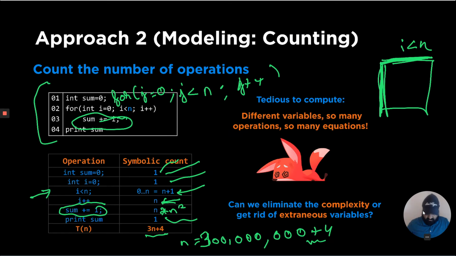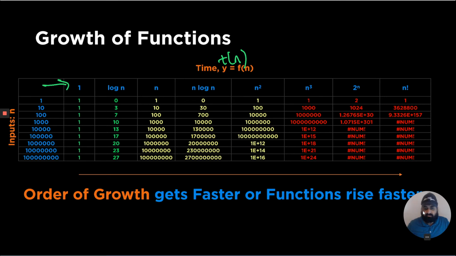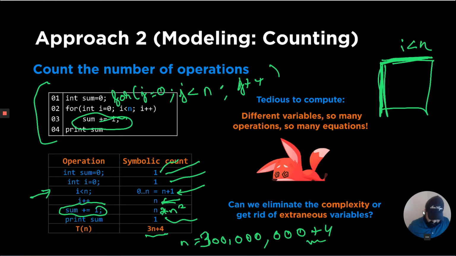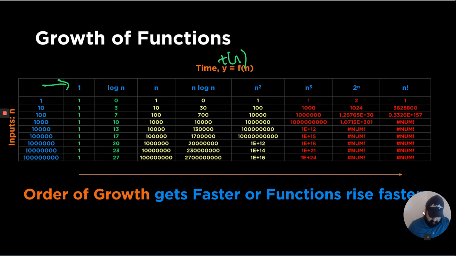So in this case, what we got out of this entire execution is that the time taken by a particular program, or the number of steps in a particular program, can be different functions. There's a function like 1, where an example of this could be int x equal to 0.